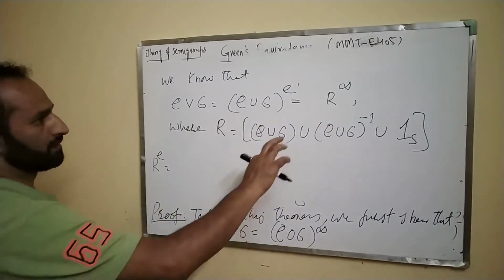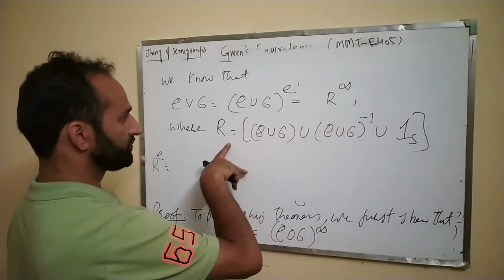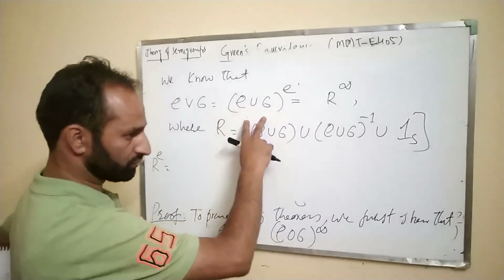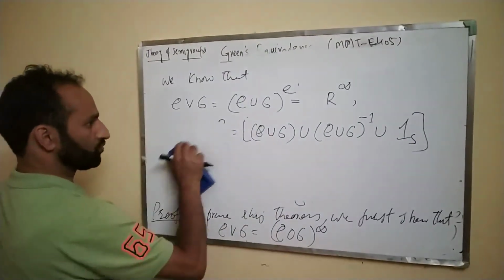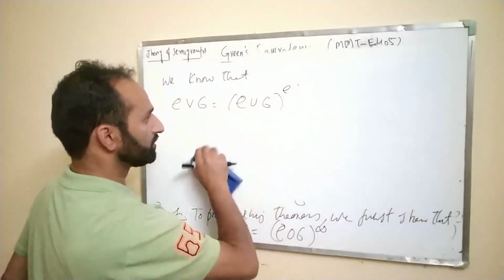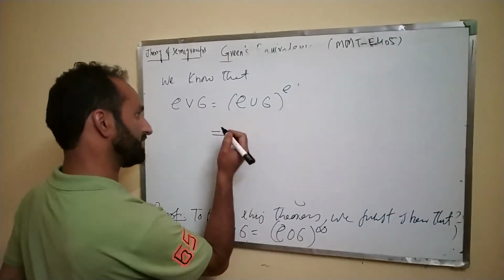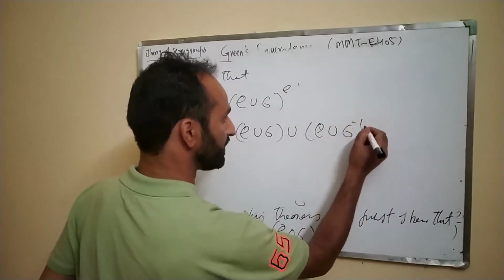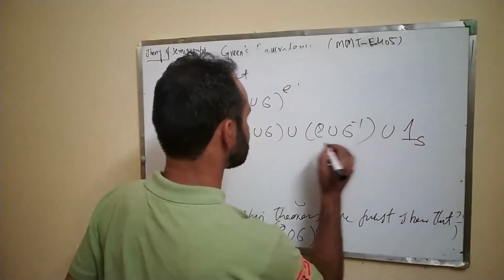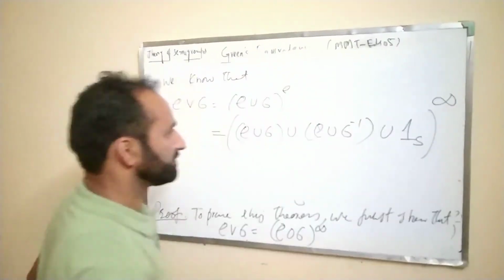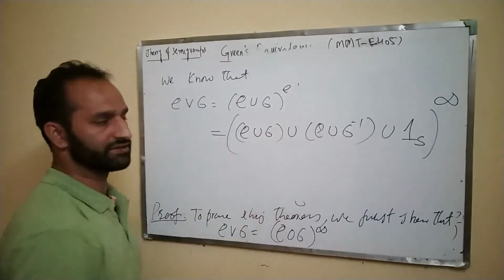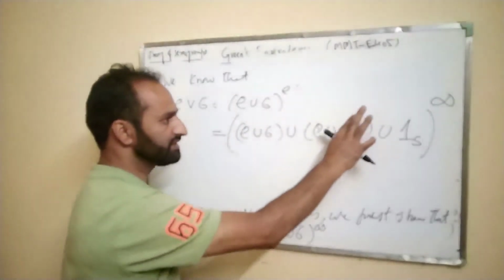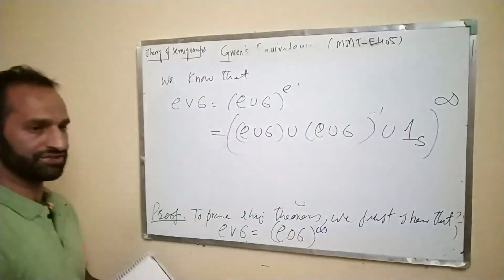It is the same. So let's try to find this. If you want to write it precisely, I will write it like this. By that theorem, it's equal to rho union sigma union rho union sigma inverse union identity on S, power infinity. So it's actually R power infinity, where R is this relation. The smallest equivalence containing R is equal to R union R inverse union the identity relation.